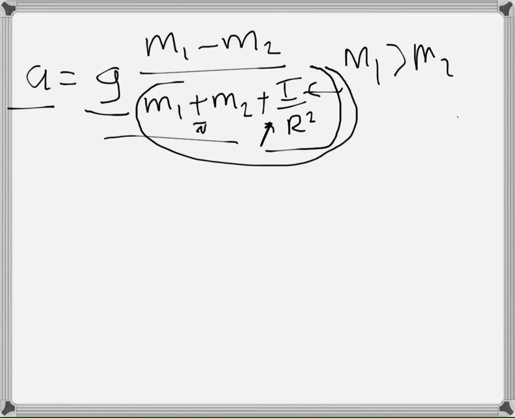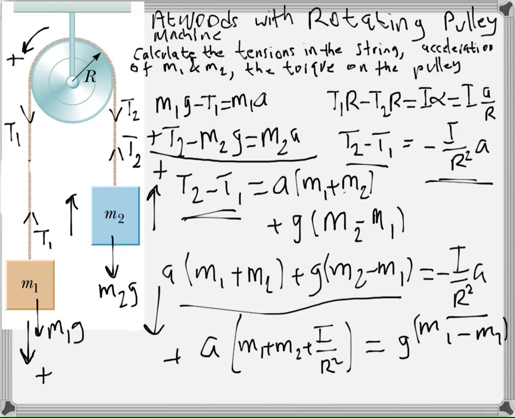Once you find a, I am leaving it to you to express T1 and T2 in terms of mass M1, M2, the acceleration, and the moment of inertia of the disk.